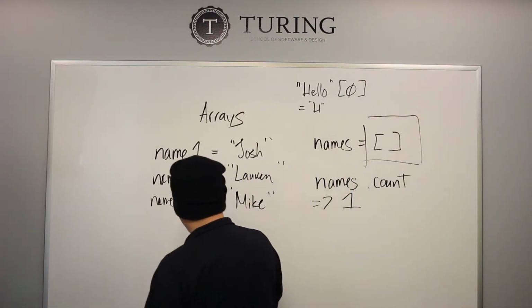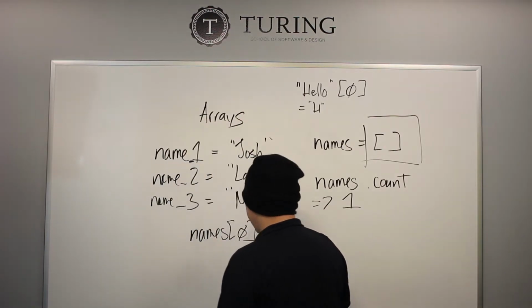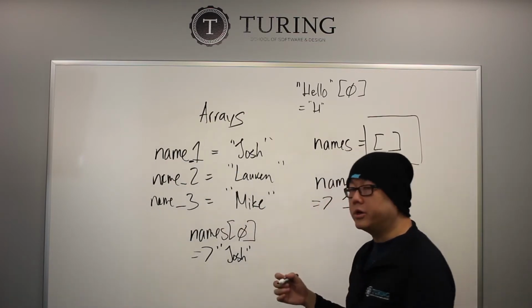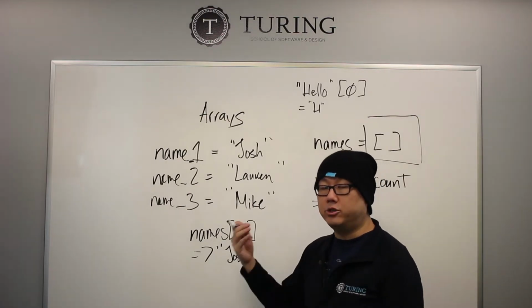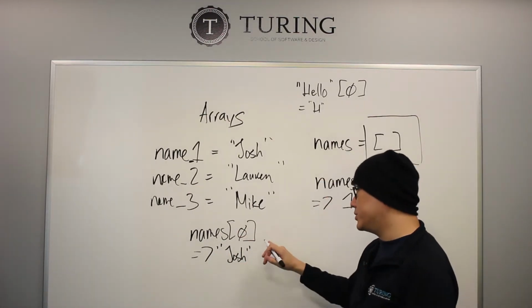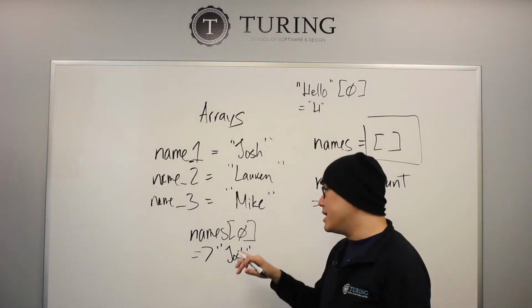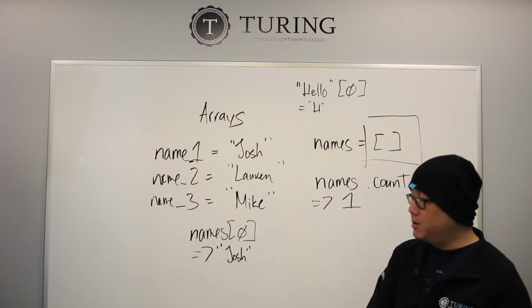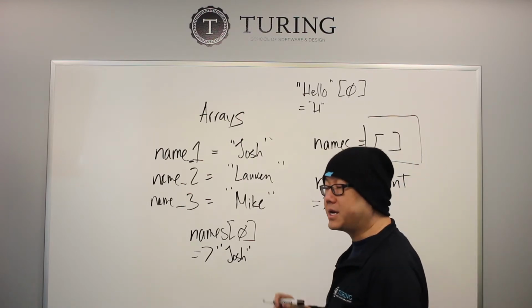So we can type in names bracket 0, and we will see that this returns the string Josh, because earlier we had pushed or shoveled the string Josh into the array. Now Josh is the first item in this array, and like we said earlier, computers start counting from 0, and therefore names[0] gives us the first item, which is Josh.